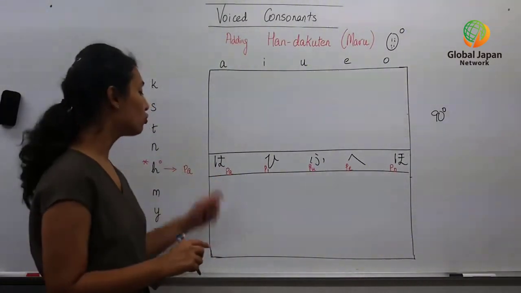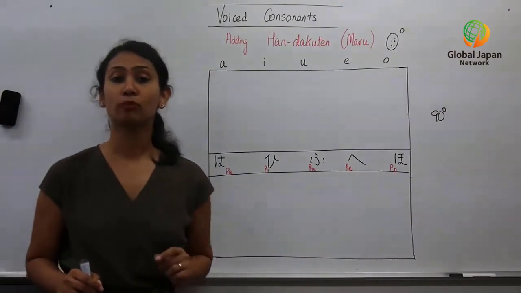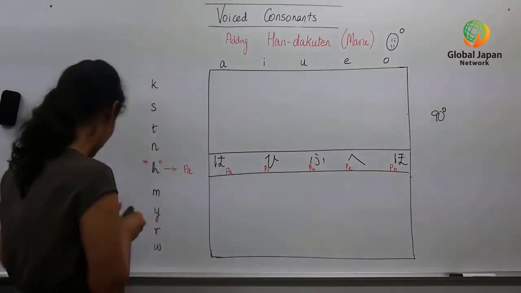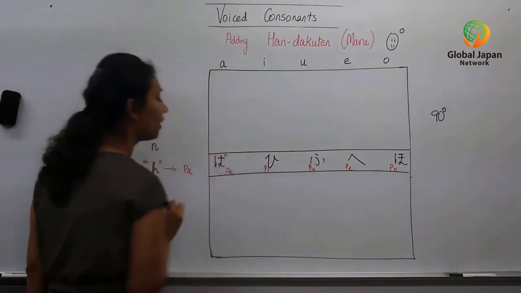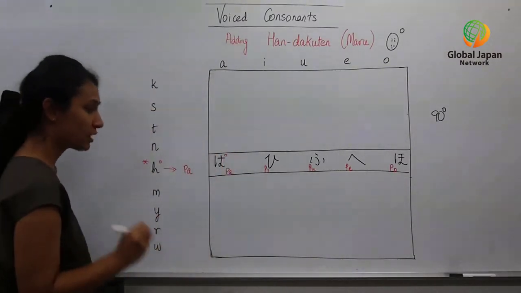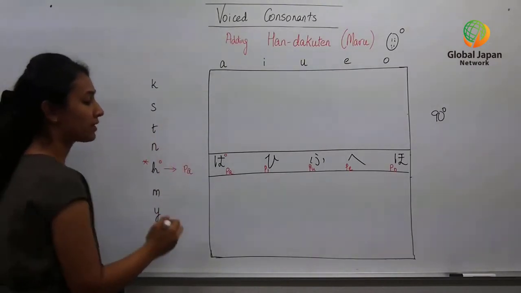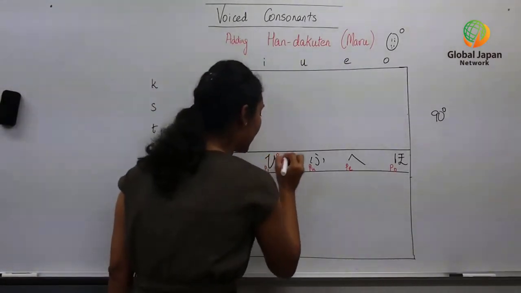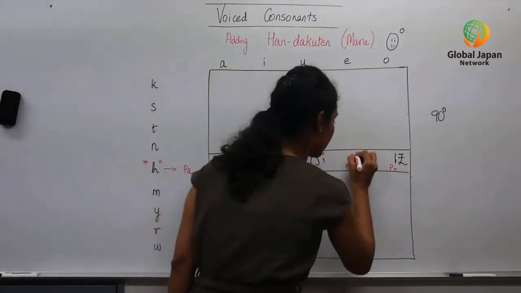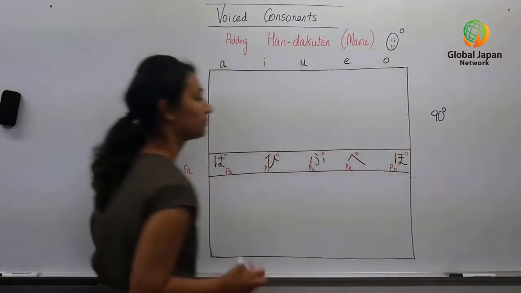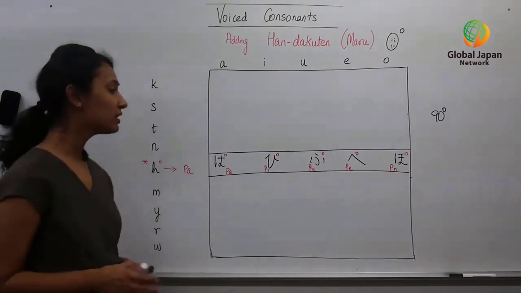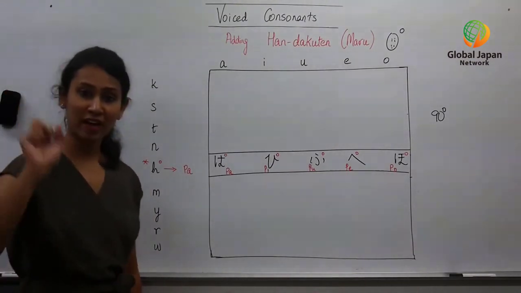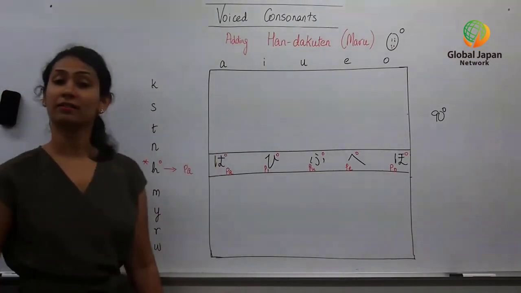If you have to read them as pa, pi, pu, pe, po, it would be written this way. Just add a maru or a circle on the top right hand side of the characters. That's it. You have learned another new line. So using the plosive mark, there are only 5 characters and they are these ones.